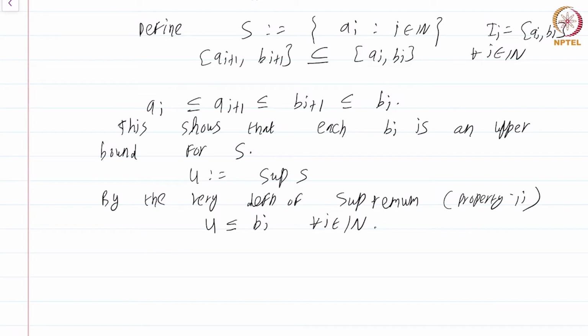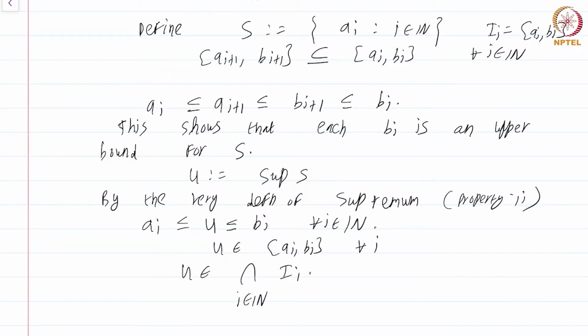Similarly, because U is an upper bound, this has to be greater than or equal to every single a_i. In other words, U is an element of [a_i, b_i] for all i, which is the same as saying U is there in the intersection over i in N of [a_i, b_i]. Okay.